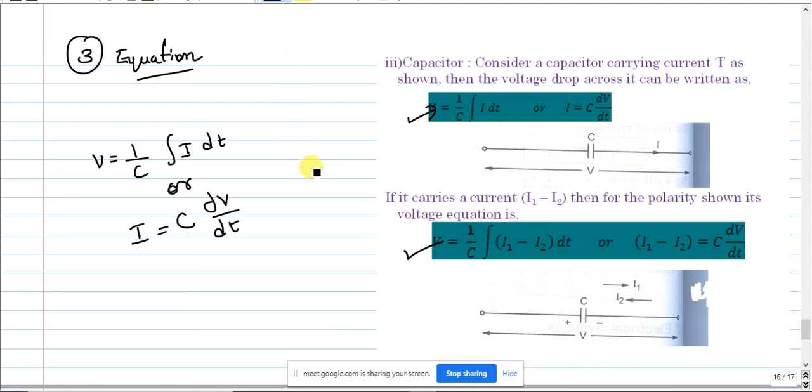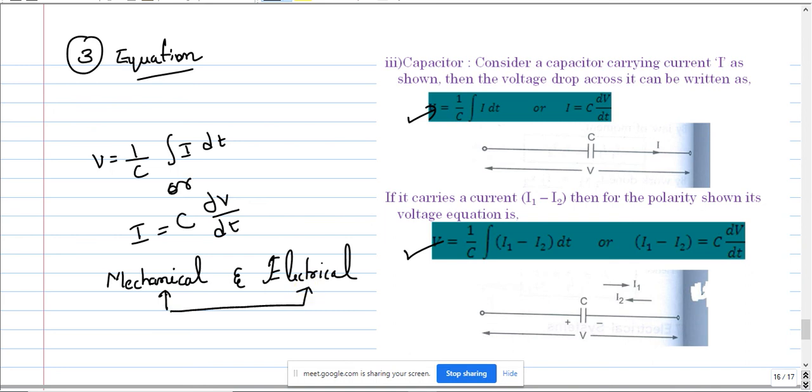Okay, next we will compare the mechanical and electrical systems. We will relate the mechanical system to the electrical as well as electrical to the mechanical, vice versa. For this we call it the force voltage analogy.